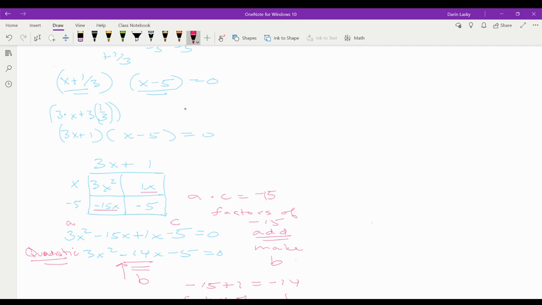That's a quadratic. And I wanted to show you some patterns in this formula, or in this area model, where we do 3 times negative 5, A times C here, and then these factors of 15 that add to make B, they go here in the corners. And so you can kind of see how it's proved right here.